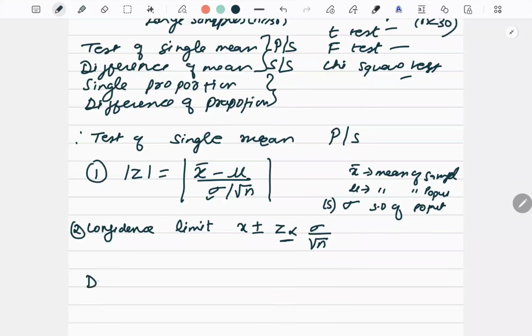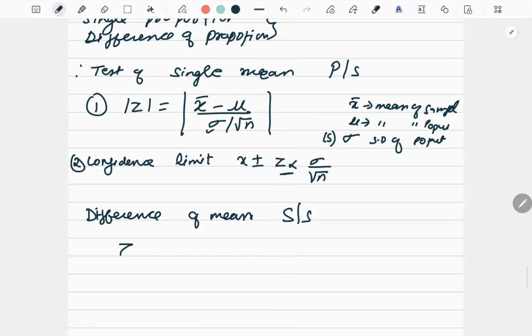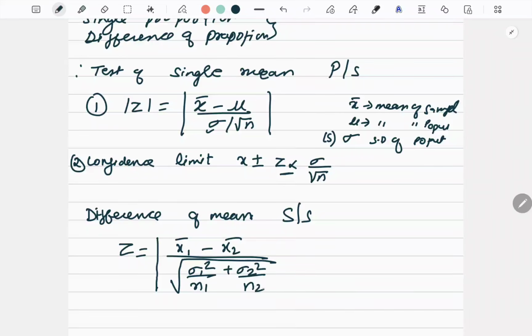Now come to the difference of means, where you will have the sample versus sample story. In this case the formula is z is equal to the absolute value of x1 bar minus x2 bar upon under root of sigma 1 square upon n1 plus sigma 2 square upon n2.